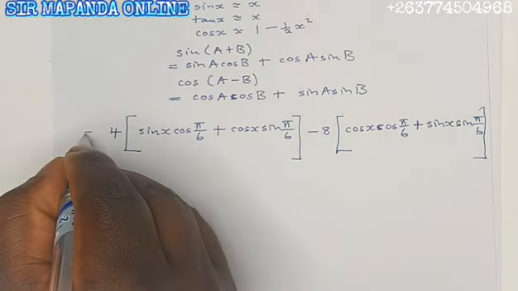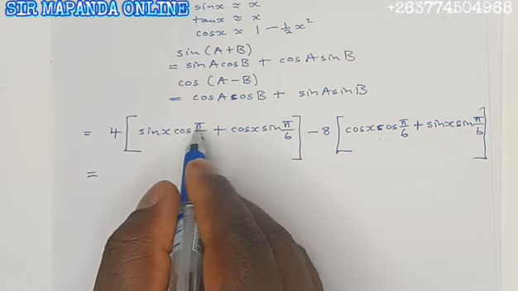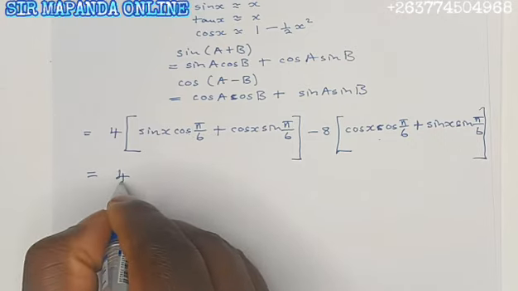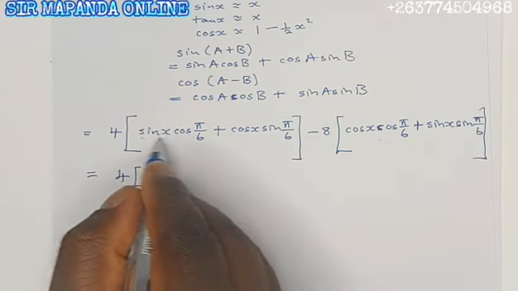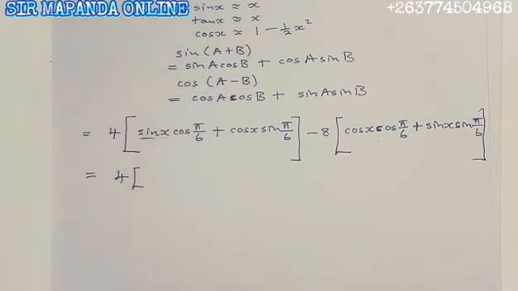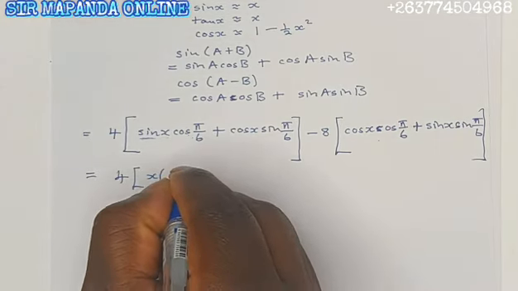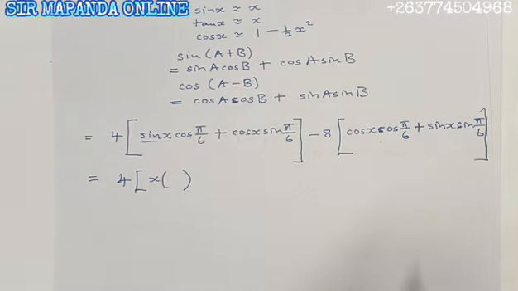So we are going to punch sine cos pi over 6 in our calculator, right? But on sine x here, I'm going to put x. Remember, when x is small, sine x is replaced by x. So let me put x here. Then I'm going to put an open bracket so that I punch the result of cos pi over 6, where your calculator must be in radians.